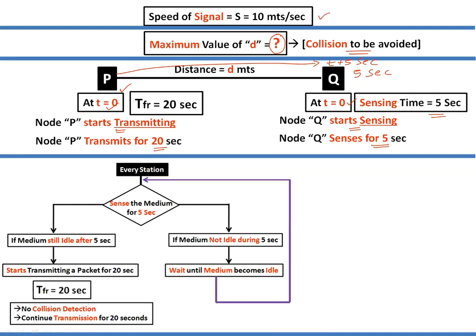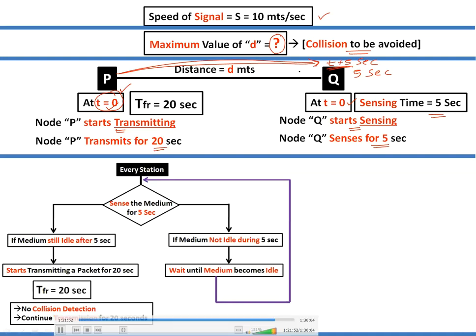While sensing the channel, you keep on using your ear to hear something. If nothing is audible in 5 seconds, you'll start speaking. If something is audible, you'll sit idle. So whenever I start at t equal to 0, my data should arrive to you. At least my first bit should arrive to you within 5 seconds.